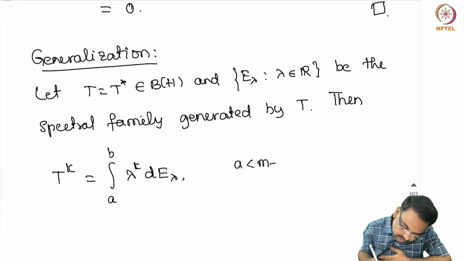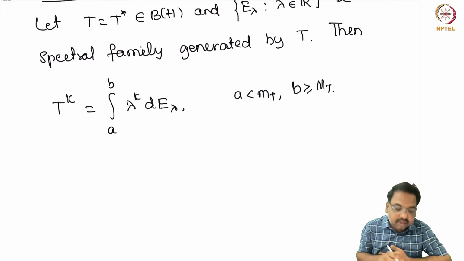Here a is less than the lower numerical bound and b is bigger than or equal to the upper numerical bound.